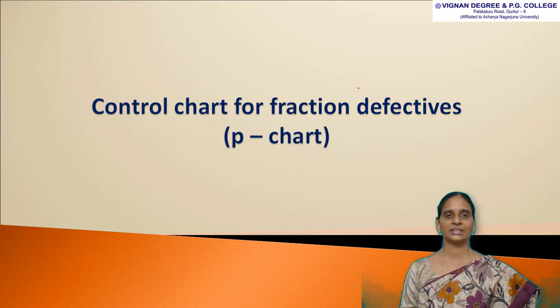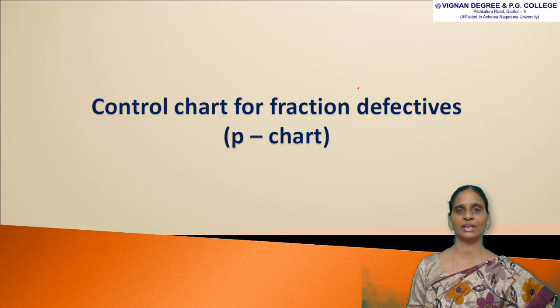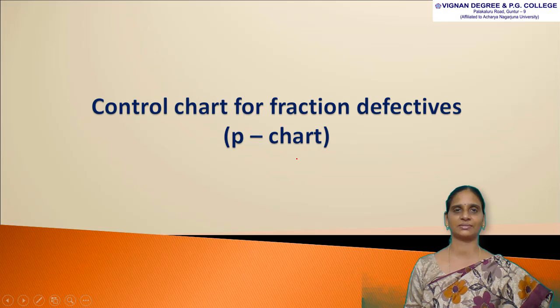Now, construction of control chart for fraction defectives. This chart is also known as proportion defectives chart, and it can be abbreviated as P chart.